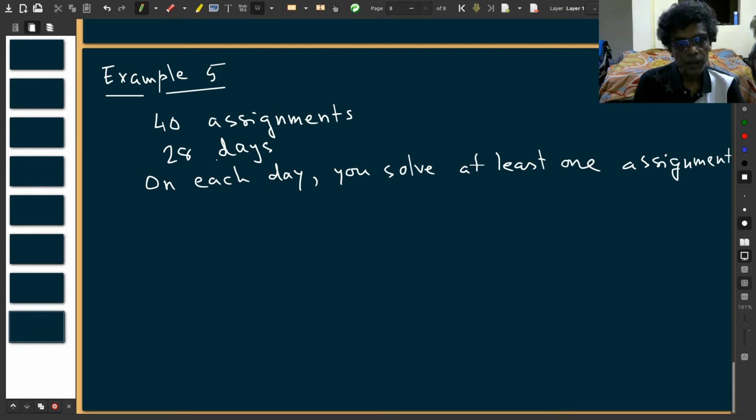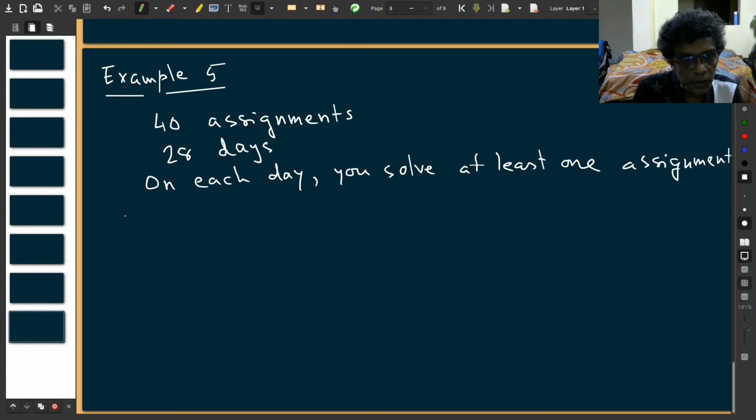Okay. So do one assignment on the first day, 2 assignments on the second day, and so on. The assertion, what we want to prove, is that no matter how you schedule your assignments, of course, under this restriction, you solve at least one assignment on each day.